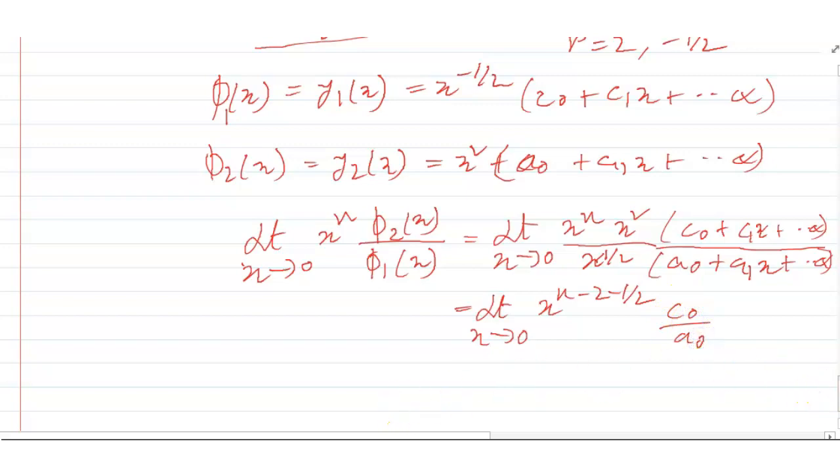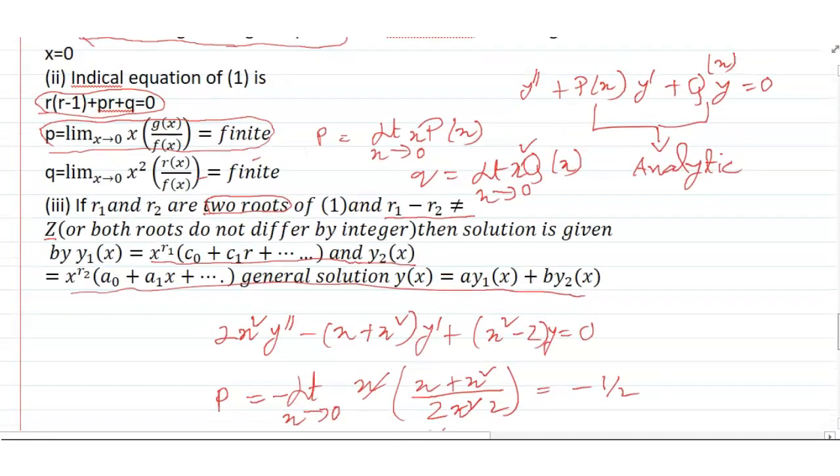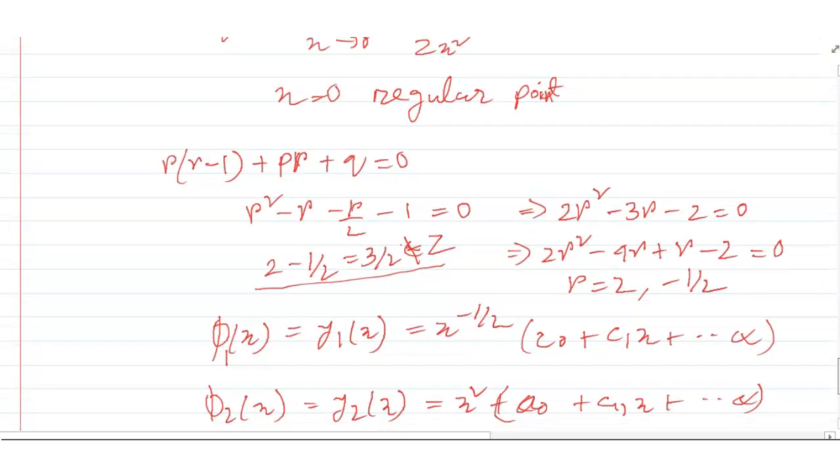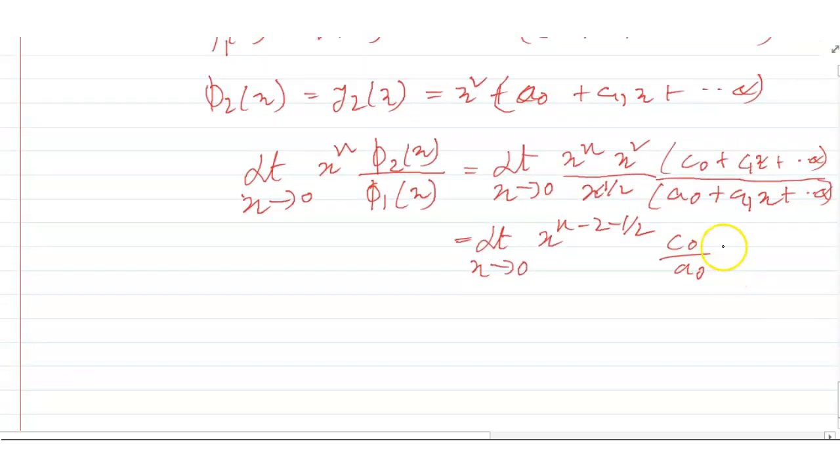So how can I get this value to be 0? So n plus 2 plus half should be greater than 0.